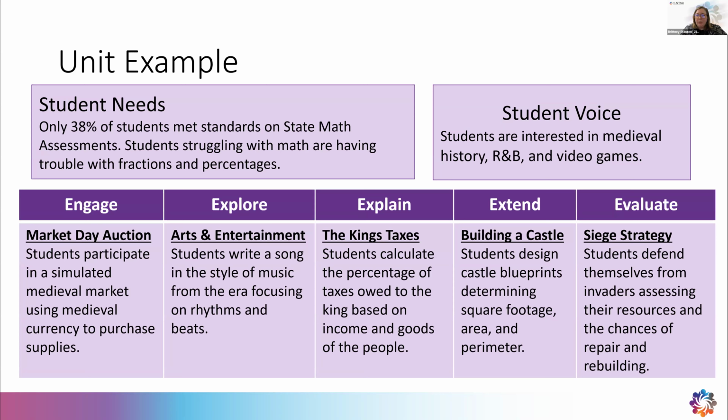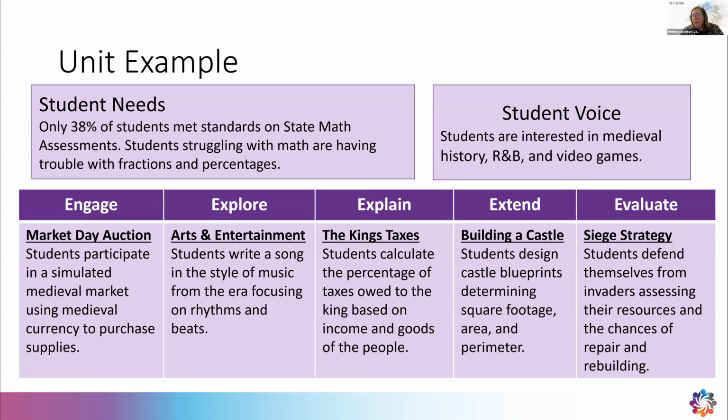And then from explain, we move into extend, which is where we're giving them opportunities to take it into more of a real world context. And so here we'll have students design castle blueprints. And so they're looking at square footage, they're looking at area, they're looking at perimeter. And then we finally move into our last E, the evaluate phase.